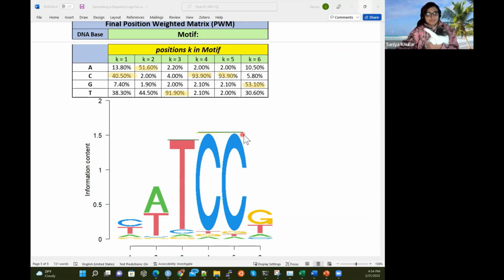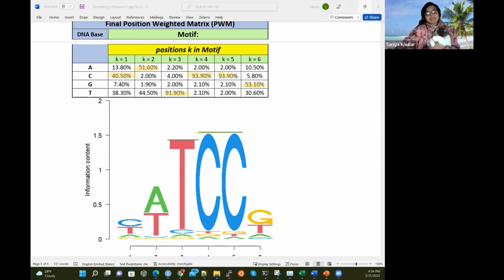These are the same height of 93.9, 93.9, and this is 91.9 here, which increases for these C's because the majority is slightly higher. So even more confidence about C here. And we lose information when we get down here, because this is G and T. So we lose information here.